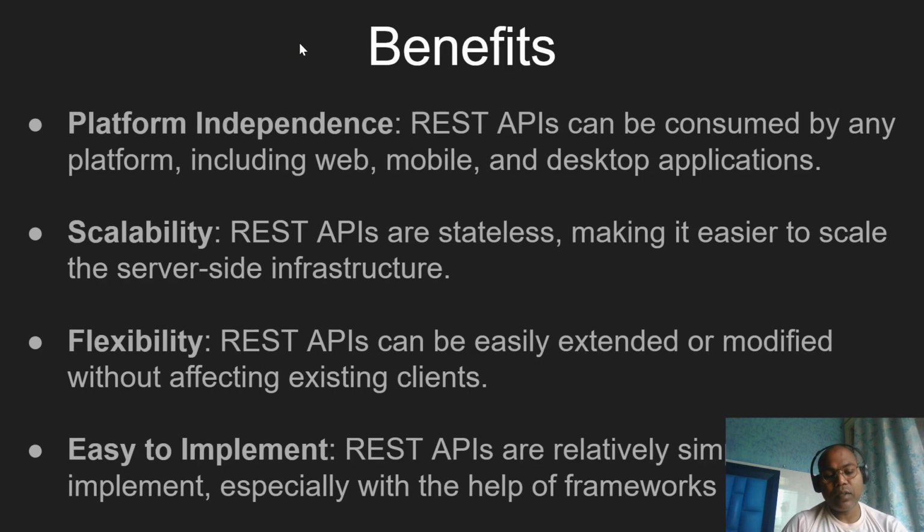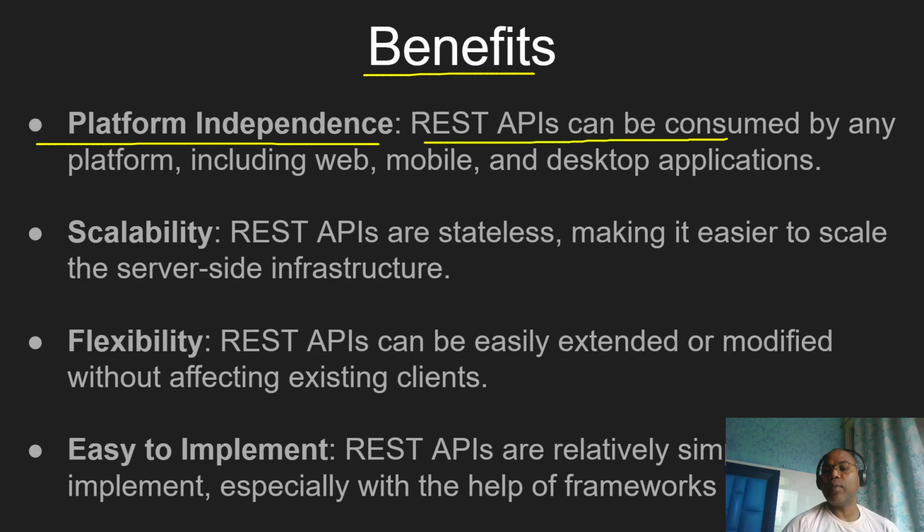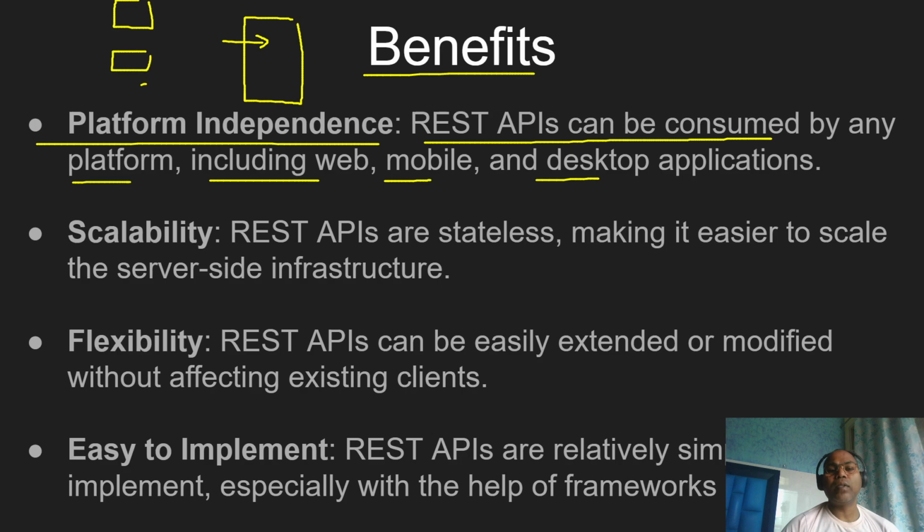And these are some benefits of this REST API. Platform independence. That means REST API can be consumed by any platform, including web, mobile, desktop. You can build only one specific API, and that API is consumed by your mobile application, web application, desktop applications, or another microservice.